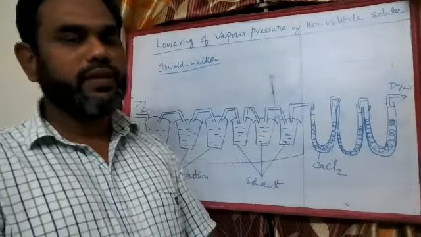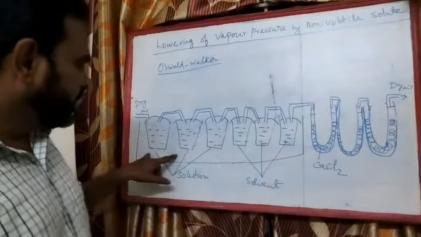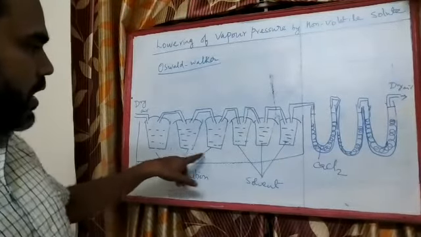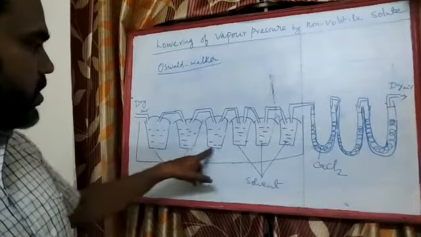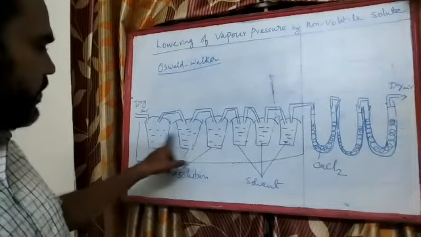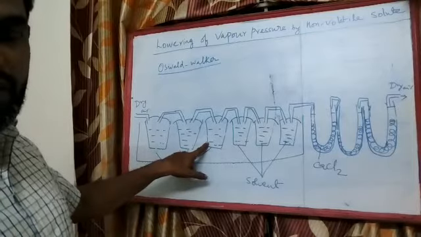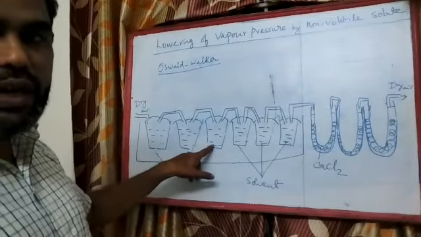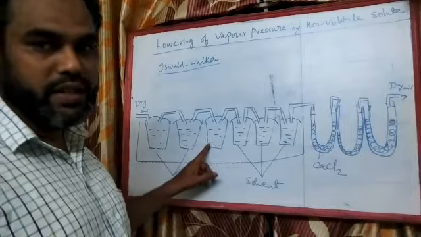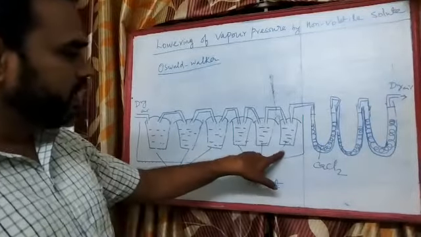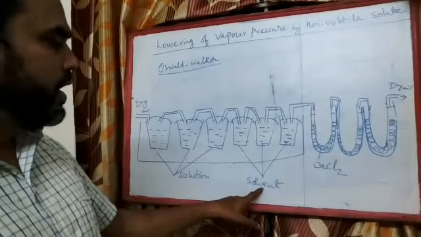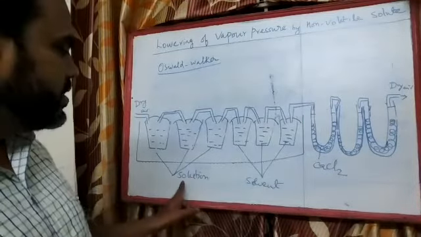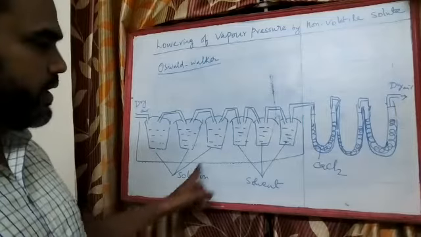Here we have 3 bottles which contain the solution, the first three bottles, for which the lowering of vapor pressure is to be measured. The next 3 bottles contain the pure solvent.